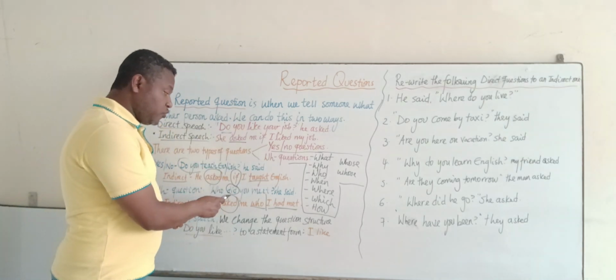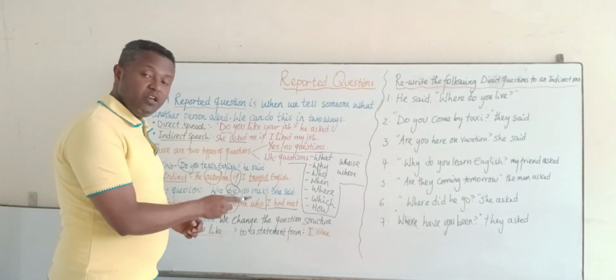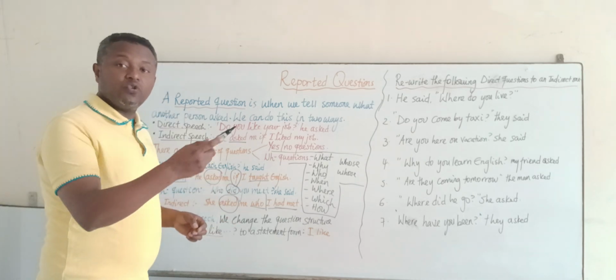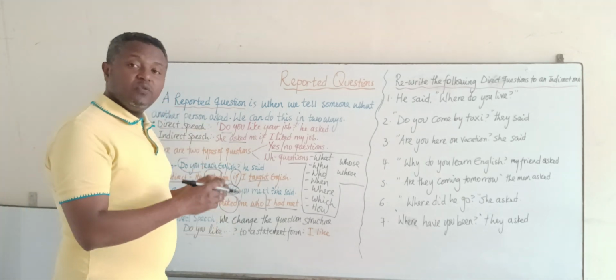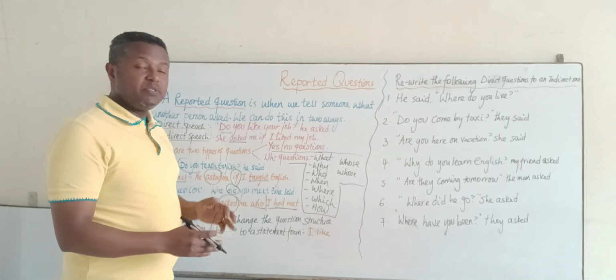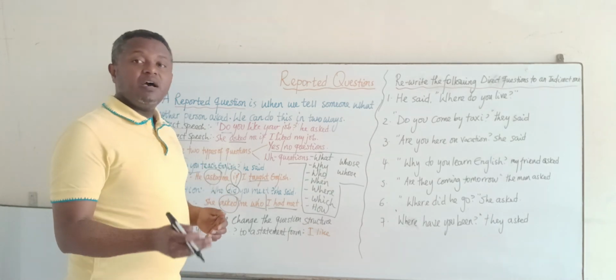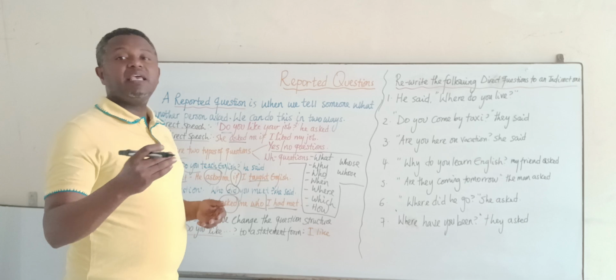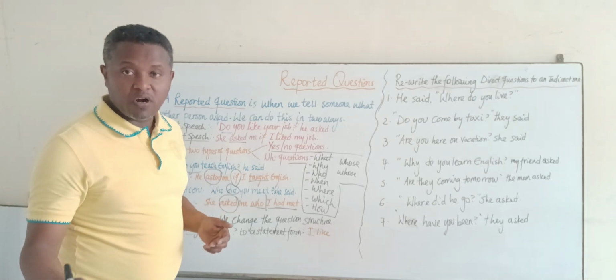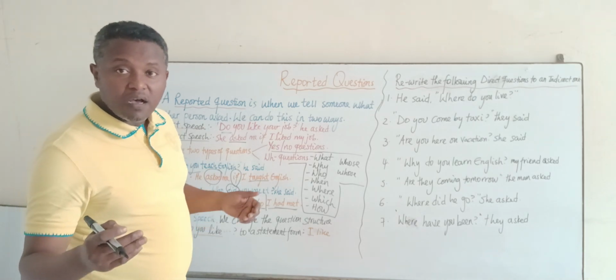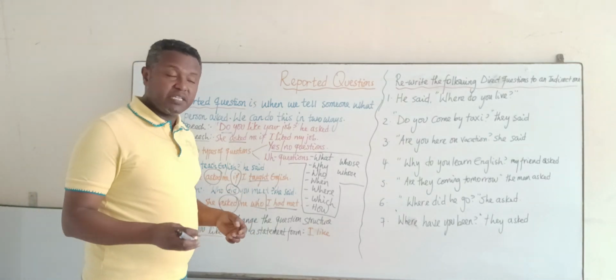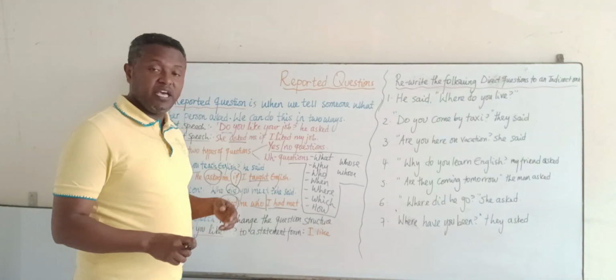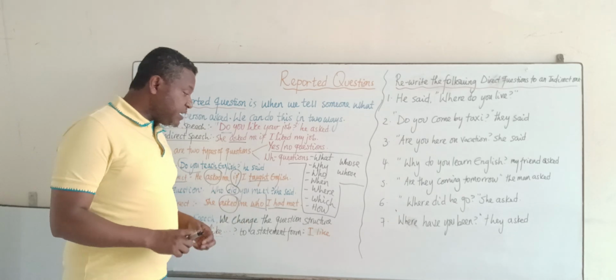But in the question form, did you meet? Who did you meet? Where did you go? How did you come? Etc. When we report them, it becomes he asked me how I came there, or how I went there. Okay, so this is how we put it.